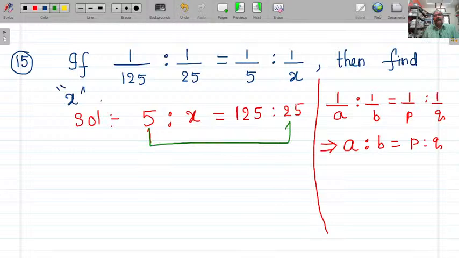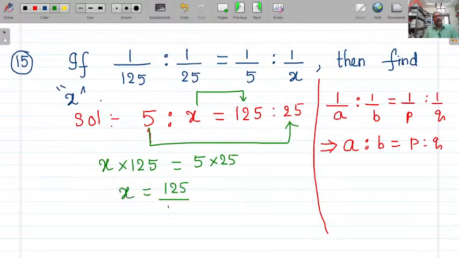So 5 into 25, x into 125. Product of the means, x into 125 is equal to 5 into 25. So x equals 125 by 125, then what do we get? Yes, 1. Actually one logic you can apply here also: to get 25, 5 should be multiplied with 5.